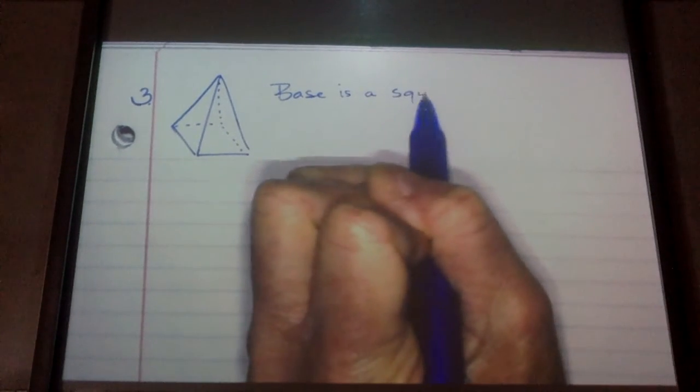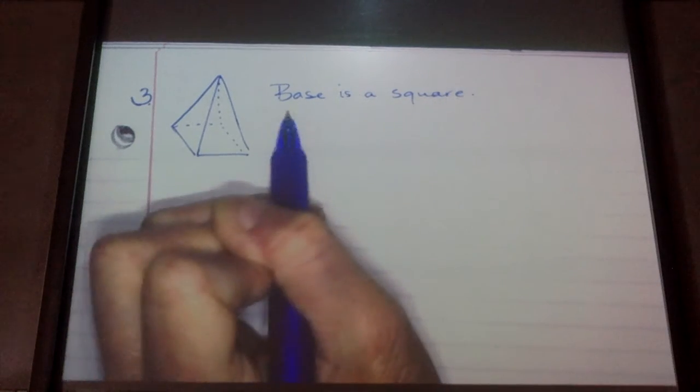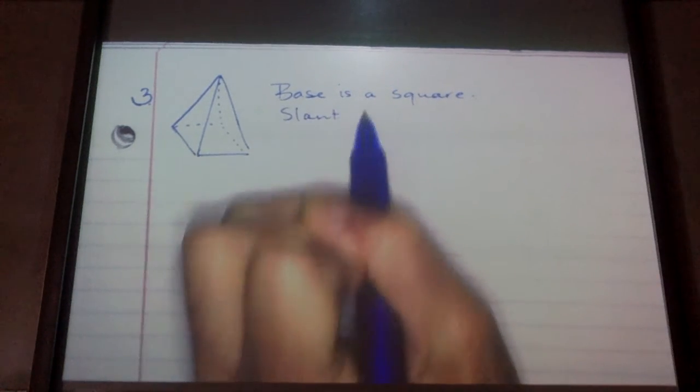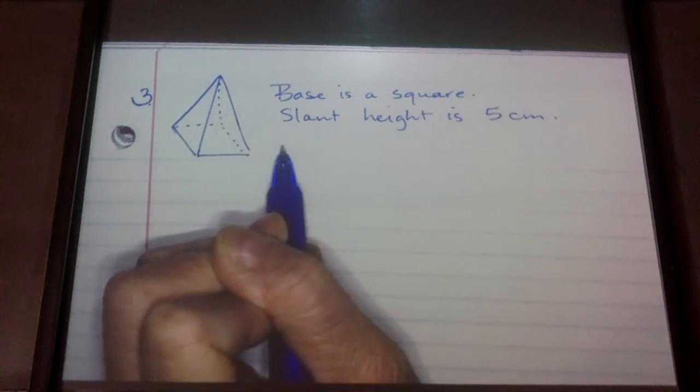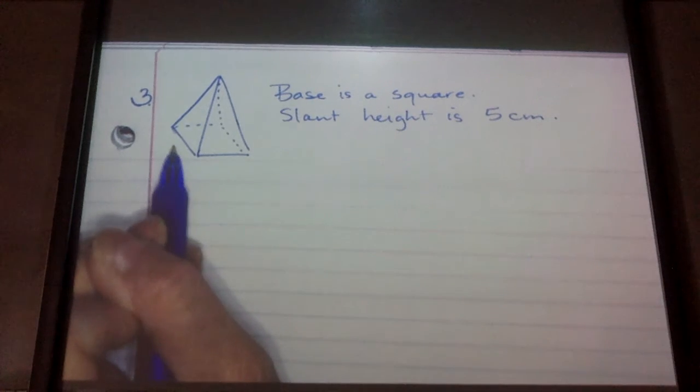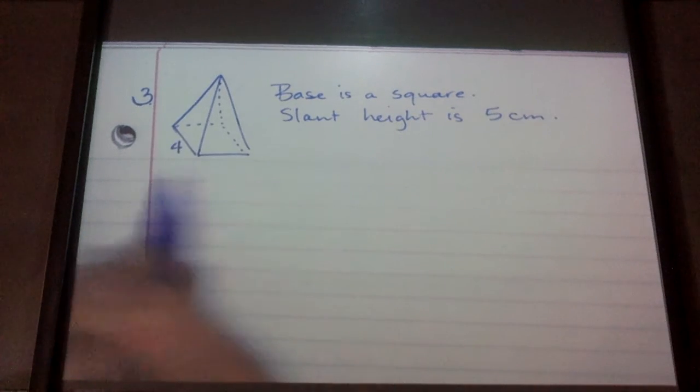All right, so information. The base is a square. My slant height is 5 centimeters. The side length here is 4 centimeters.